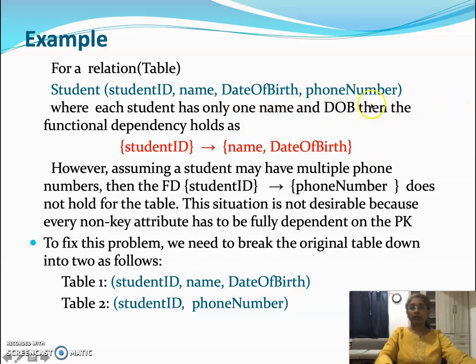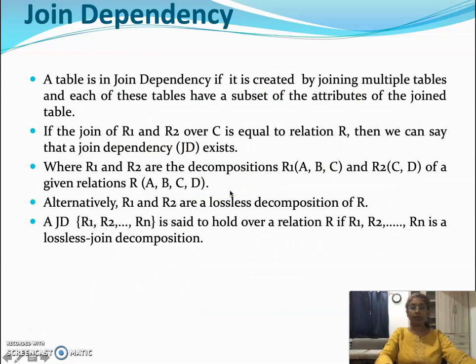Thus, we know that phone number is not functionally dependent on student ID. So this dependency, student ID to phone number, does not hold for the table, as the non-key attribute is not fully dependent on the primary key.